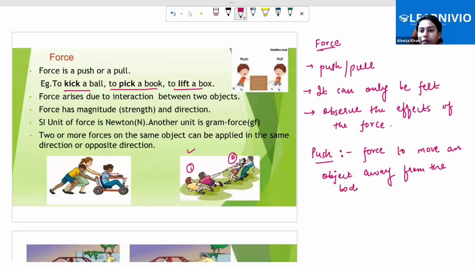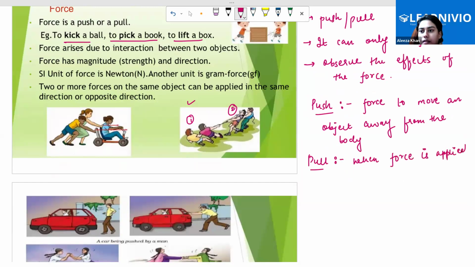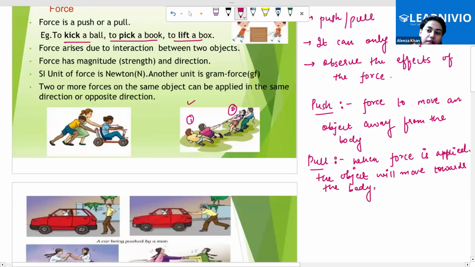And pull is the force to move an object toward the body. When force is applied, the object will move towards the body. Understood the meaning of push and pull?